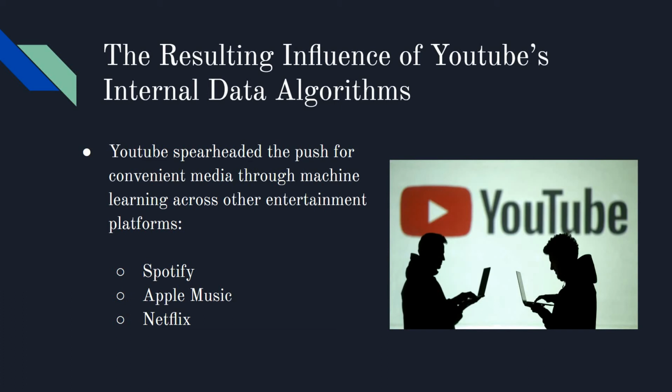They spearheaded the push of providing convenient and entertaining media across its own platform with streaming, but since its launch in 2005, it has also allowed other widely known companies to follow suit with their personalization algorithms, such as Spotify and Apple Music with their Smart Shuffle, the way that they're able to share tabs and have nicely presented media statistics of different music that you would like to listen to, as well as songs that you may not have heard before that are also very popular.